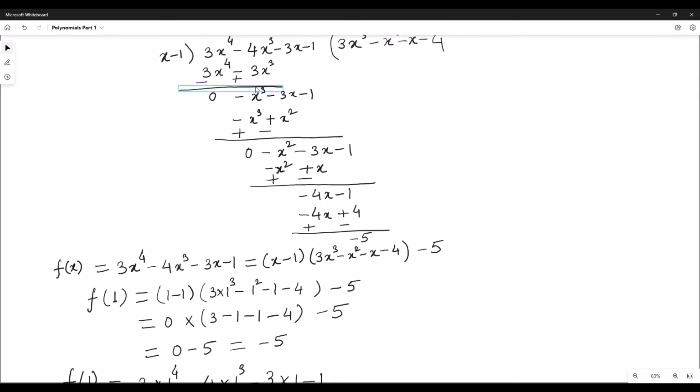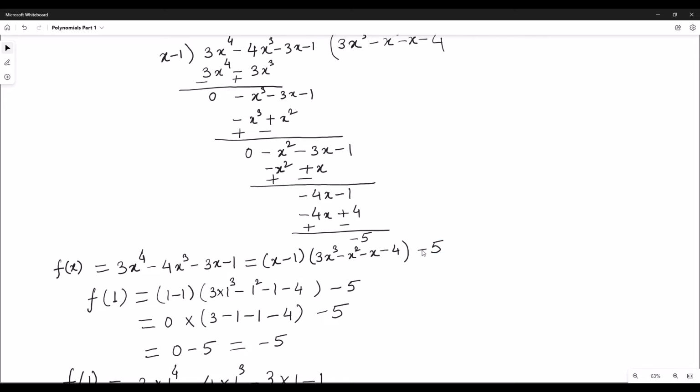So we can write this expression as f(x) is equal to x minus 1 into quotient plus remainder. What? Divisor into quotient plus remainder, right? And if x is 1, then x minus 1, that is 1 minus 1, is 0. So 0 multiplied with whole this expression is 0.